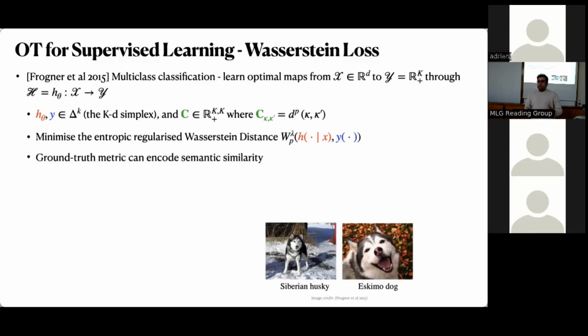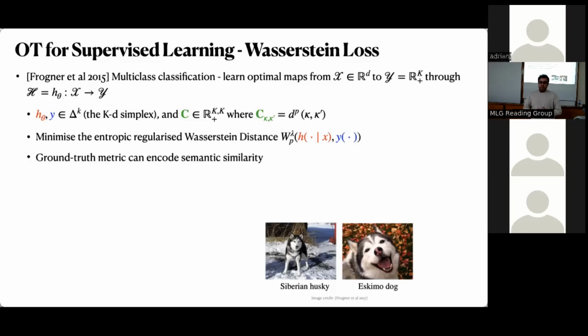In regular supervised learning, you don't really have a way of specifying one class being more semantically similar to another class or one class being closer to another class in terms of labels. But in this formulation of supervised learning, you can, by setting this cost metric on the k-dimensional simplex to be something that measures semantic similarity.